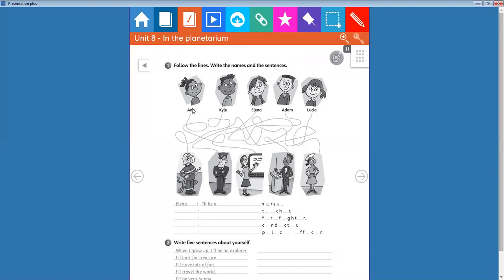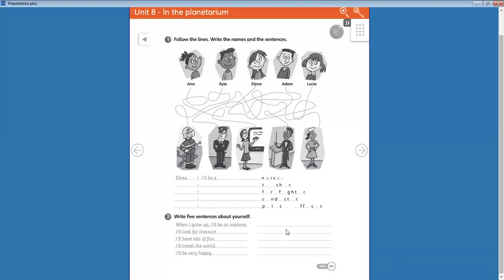So you have to follow the lines, and write the name of these children in these places. Like this one, Elena. I'll be a nurse. This is Elena. And if you follow this line, you will be in this picture of the nurse. The same thing, try to do the next.